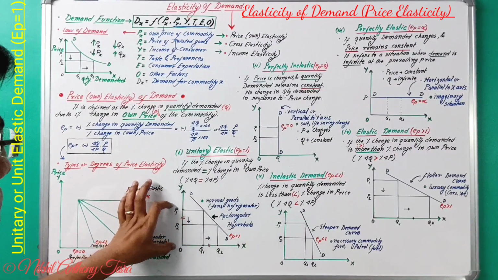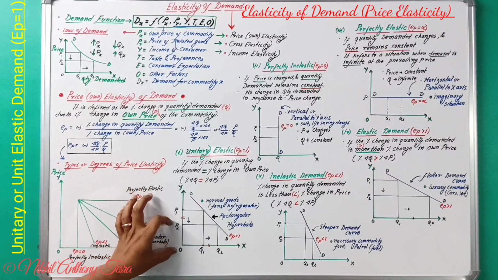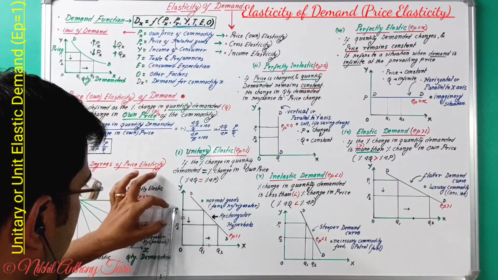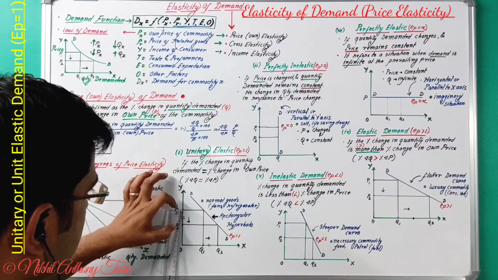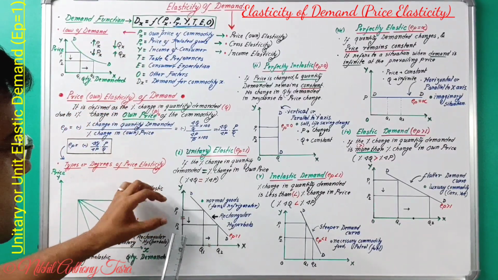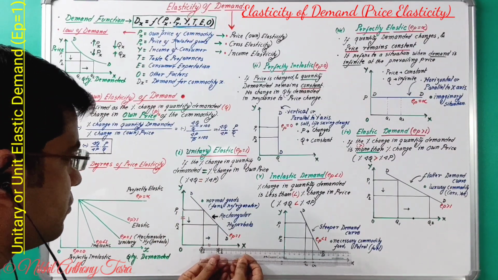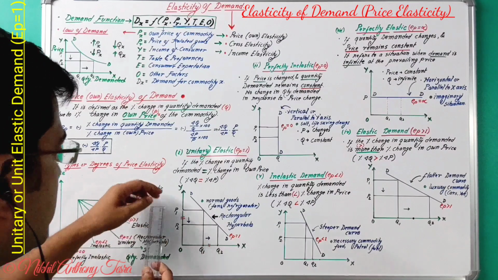Now, initially, as I said, OP was the initial price, and price changes from OP1 to OP2. Let's say, for example, in my scale, the change in price is 3 centimeter. The price reduces by 3 centimeter. So to make it equal, what will happen? The quantity demanded will equally increase by 3 centimeter.